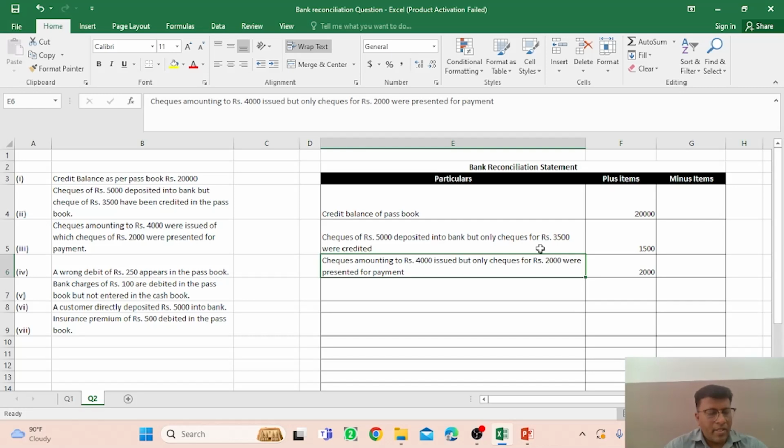And the fourth transaction is a wrong debit. Okay, a wrong debit of rupees 250 appears in passbook. And what about the debit balance of passbook? If any amount is debited in passbook, it means the bank balance is reduced. Yes, reduced, no doubt.